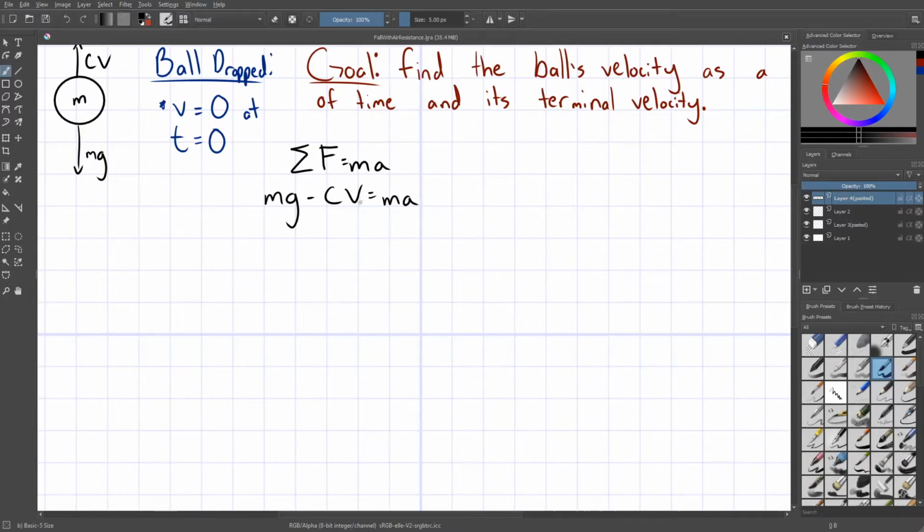Now we can divide everything by m. g minus cv over m equals a, which I'm going to rewrite as dv over dt, because ultimately we're going to want to solve this differential.